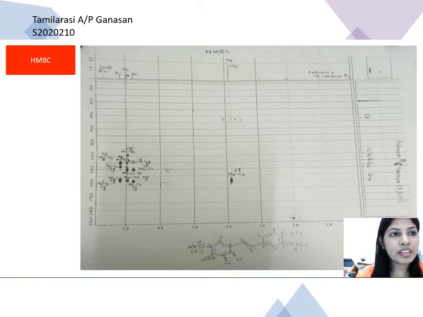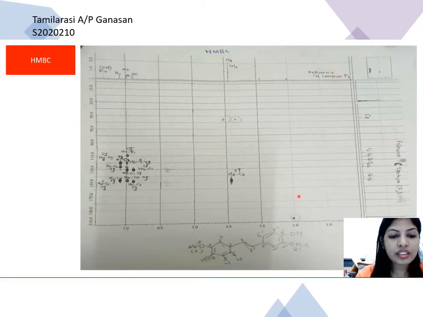Carbon HMBC is frequently used for assigning quaternary and carbonyl carbons and thus connecting spin systems. From the previous HSQC video, I only had 5 cross peaks, but here we have more than 5.